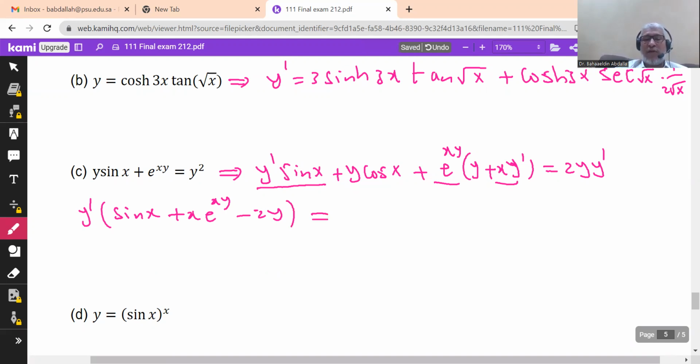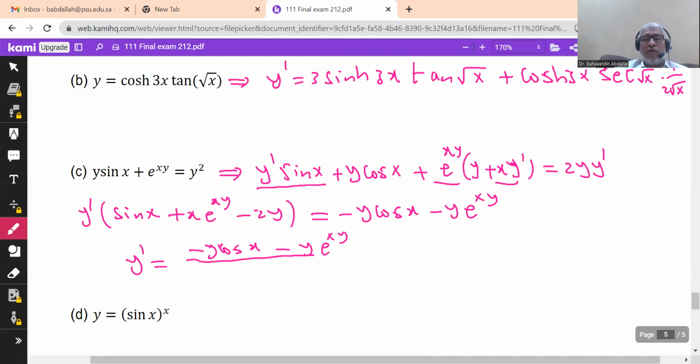When I take it to the other side, I can write it like this. And also I have negative y times e to the xy. So y prime would be, I divide by the coefficient of y prime. So this is y prime.